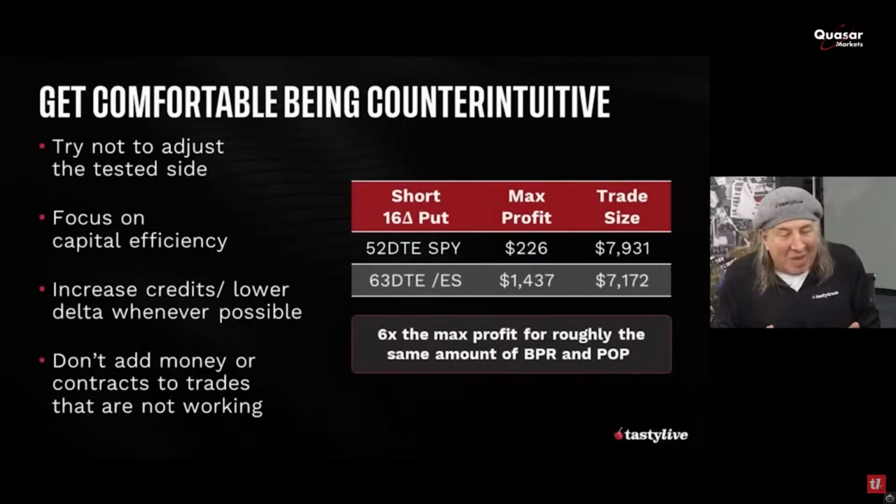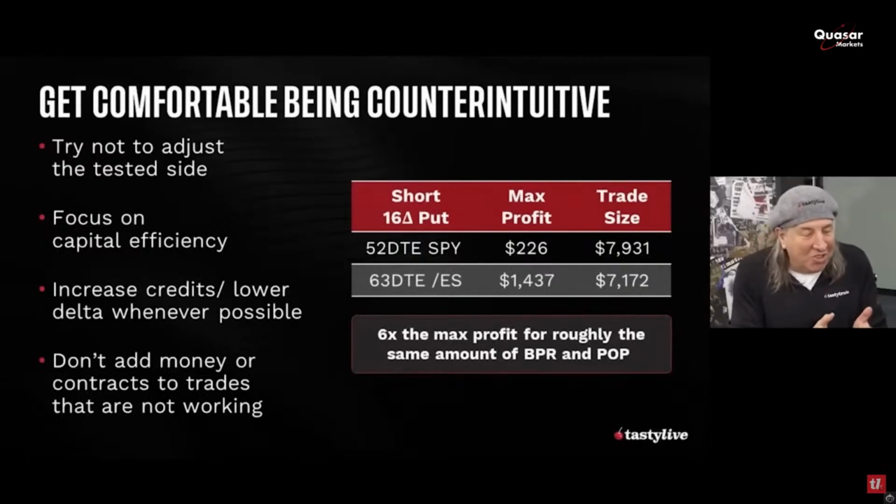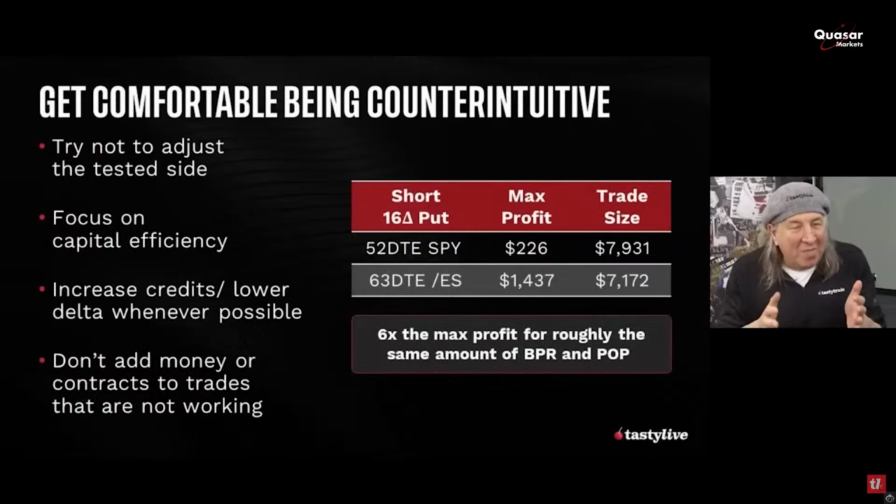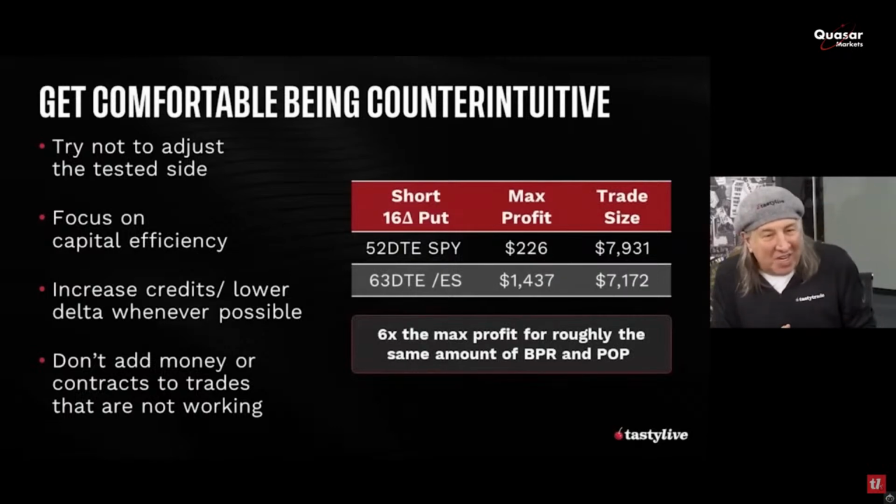You can stay in, you can battle to the bitter end, but you're not going to add money to the trade, which you do by increasing credits, not paying debits, and by lowering delta as much as you can. Sometimes the stock wins. Sometimes trades don't work. So focus on capital efficiency. Be comfortable being counterintuitive. Try not to adjust the tested side ever.